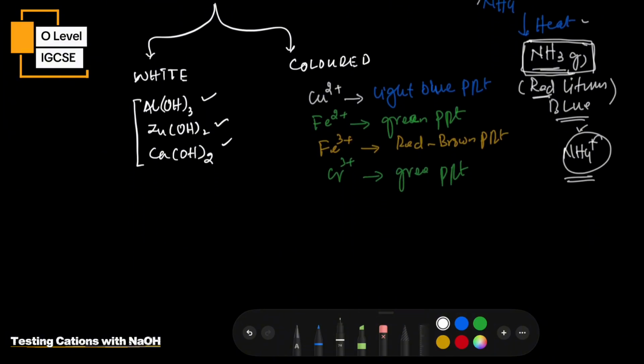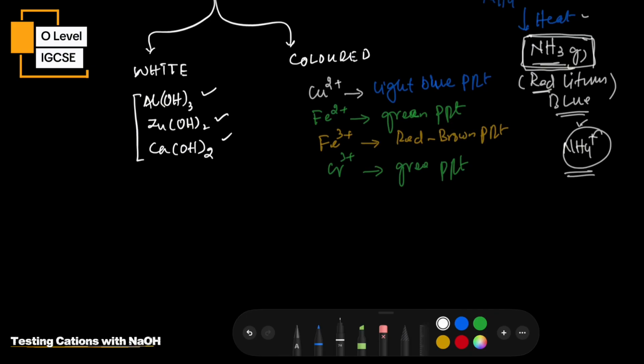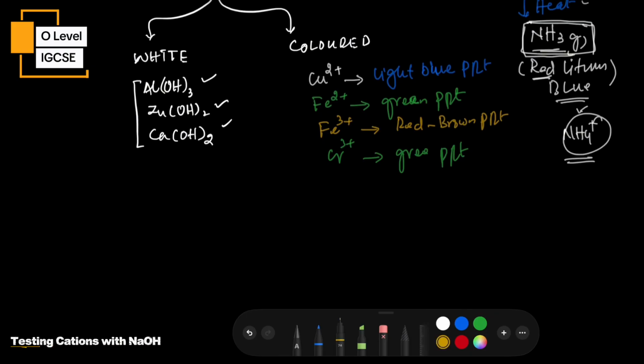Now come to the next stage of addition of sodium hydroxide. In the next phase, if I add excess sodium hydroxide to the white precipitates, there are again two options.